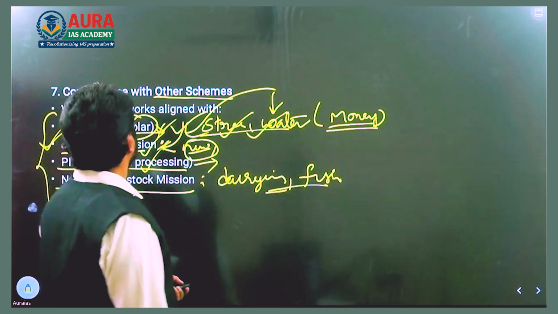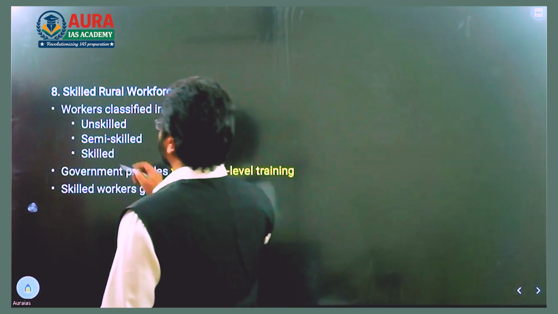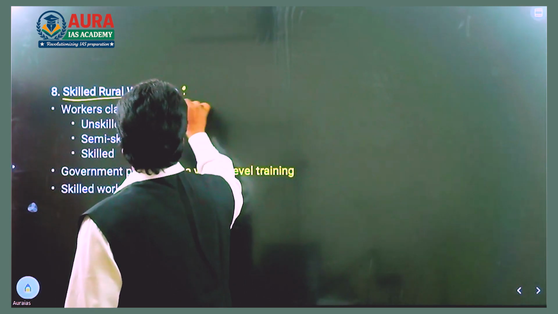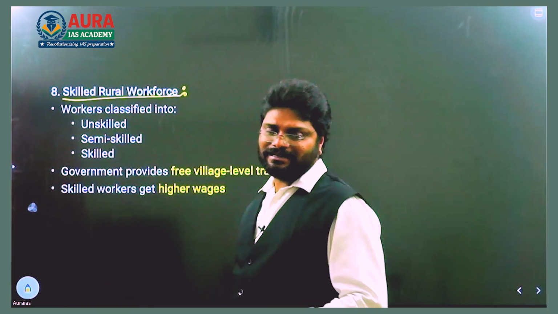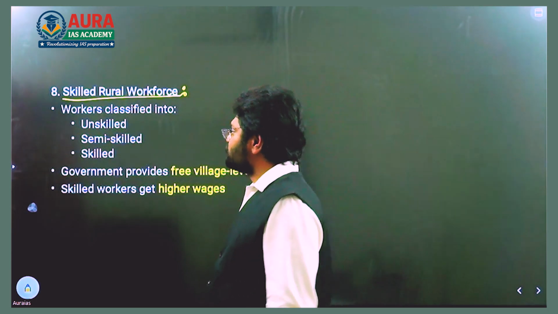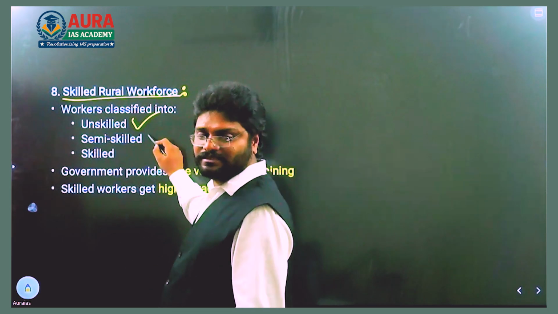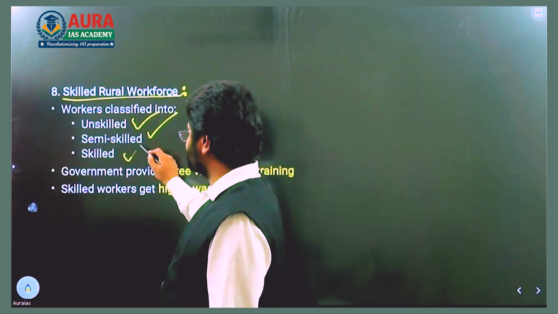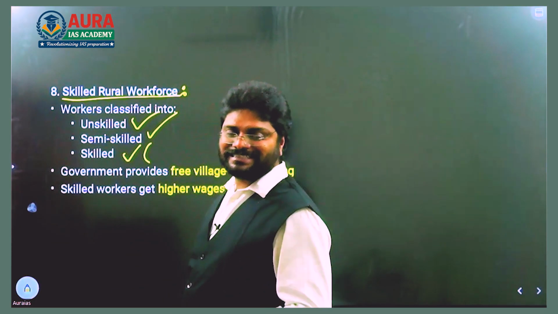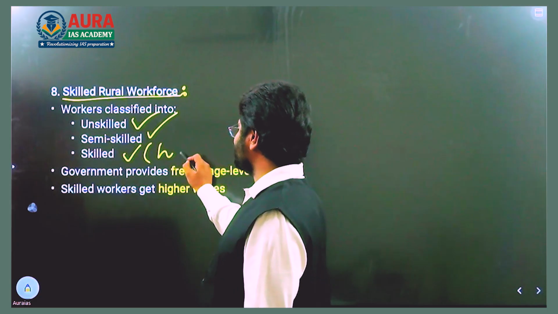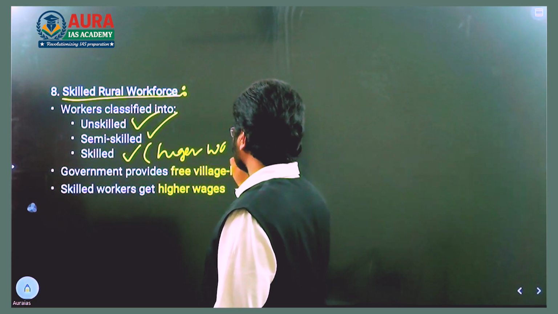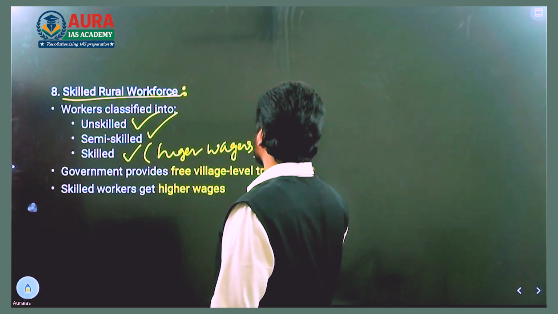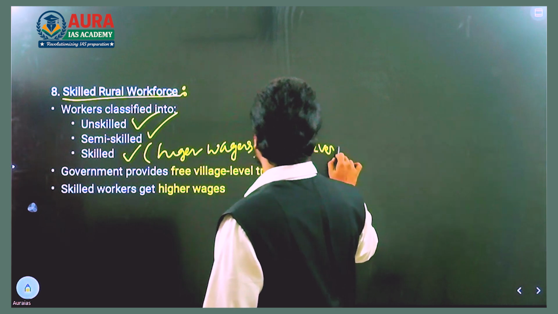So the next one is the skilled rural workforce. Under this new act, the workers are divided into three categories: unskilled, semi-skilled and skilled people. I told you already, skilled people earn higher wages because whatever assets they create, they generate more revenue for the villages.